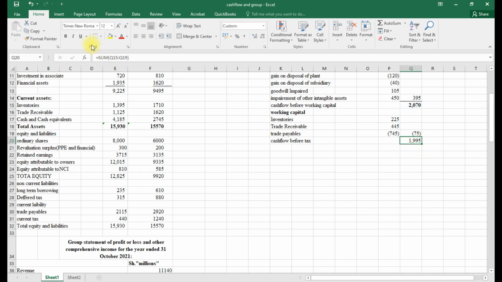So we'll use a top border and I will bold that value. That's our cash flow before tax. Now we can deal with tax paid.